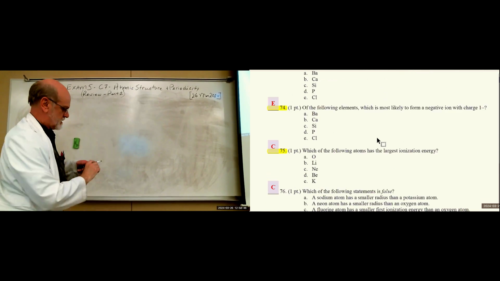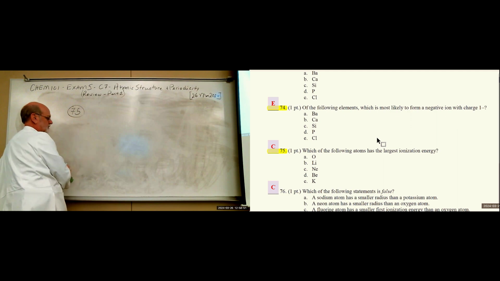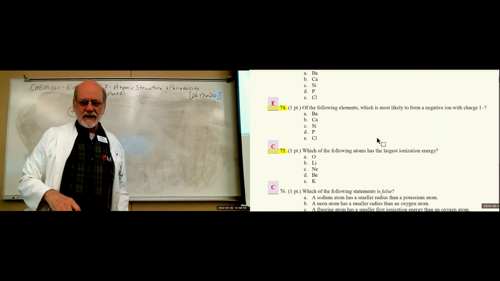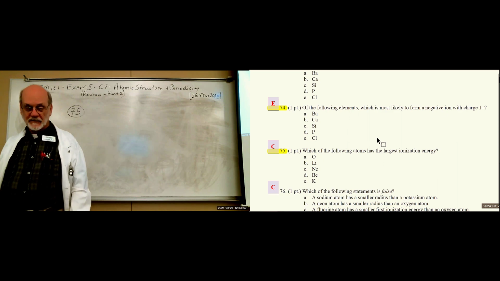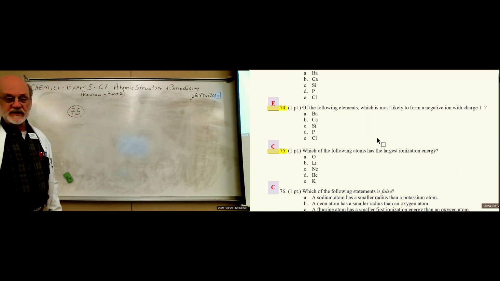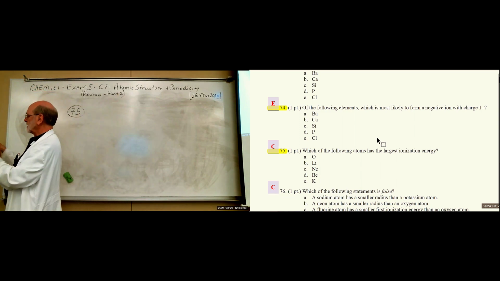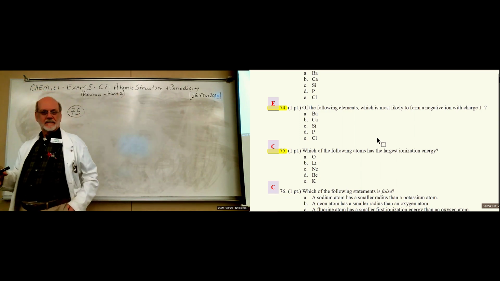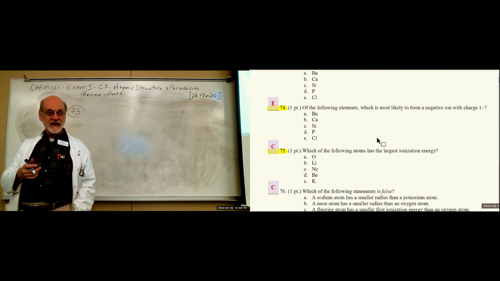75. Which of the following atoms has the largest ionization energy? All right, this was an easy one. Rather than struggling with lower left to upper right, just see if there's a noble gas in there. Noble gases don't want to get rid, right?